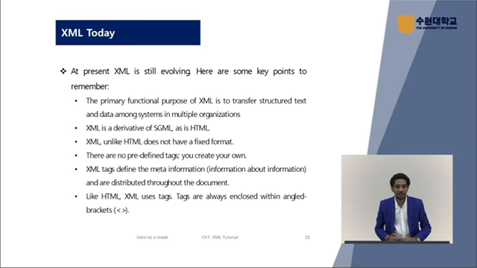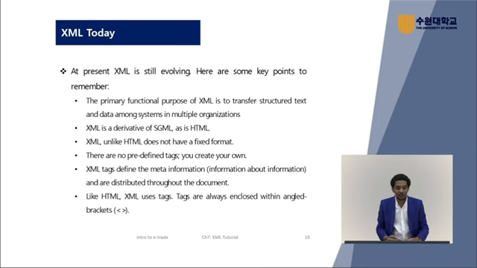So at present, XML is still evolving, and here are some key points to remember. The primary functional purpose of XML is to transfer structured text and data among systems in multiple organizations.